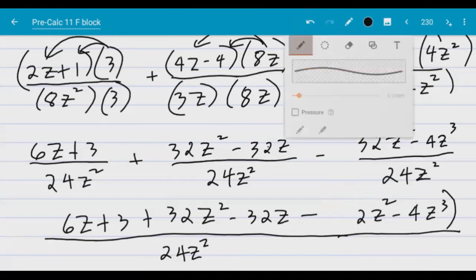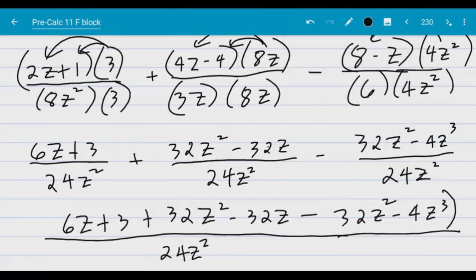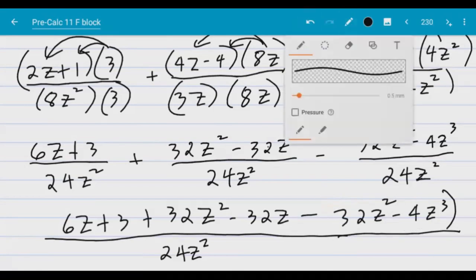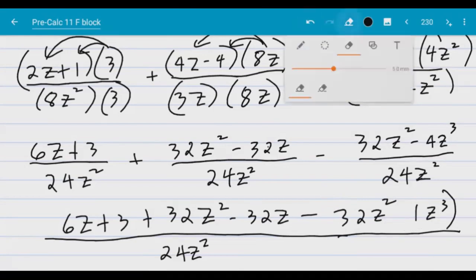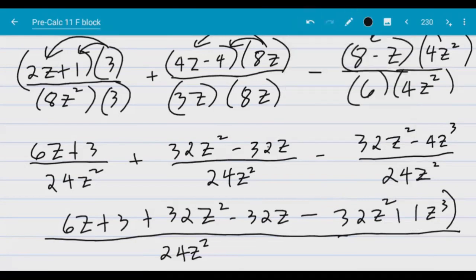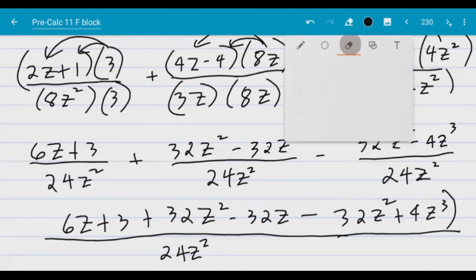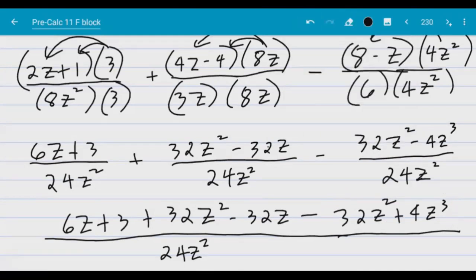Now it's just negative 32z squared, and this one becomes positive. That's what we have. Let's get rid of the bracket at the very end.